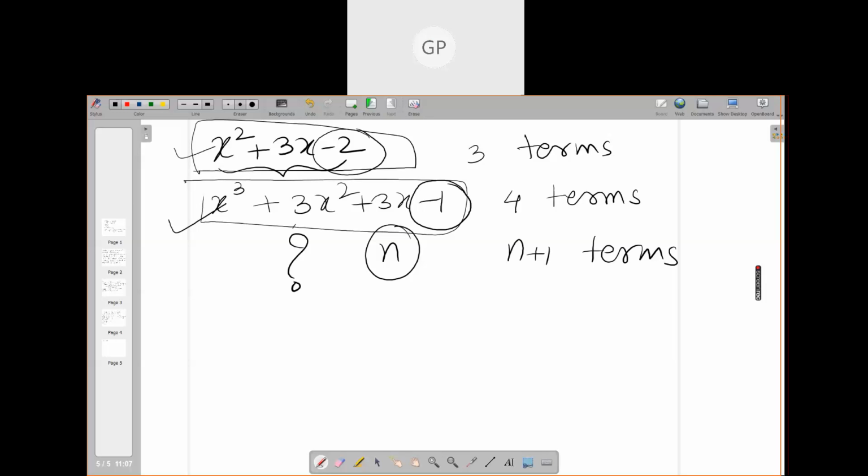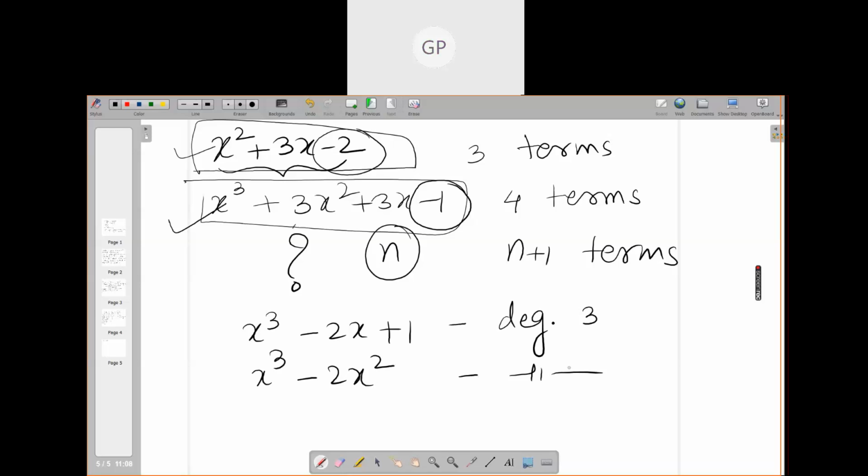But it may happen that certain coefficients are 0. I can have such a polynomial, right? The coefficient of x square is 0. But still, what is the degree of the polynomial? Degree remains 3. You understand it? Yes, ma'am. If I have x cube minus 2x square, then still the degree is 3. There is no constant term, there is no x term, but degree remains 3, the highest degree. The highest degree coefficient is non-zero.